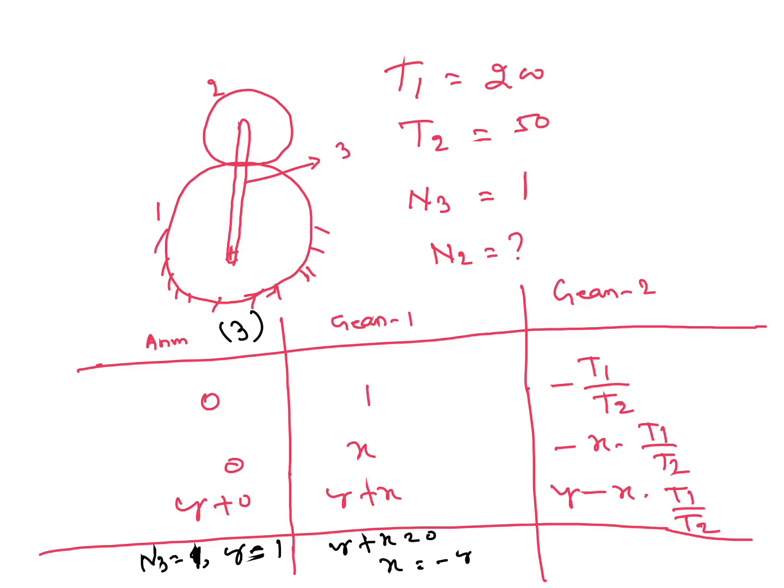So here y already we got 1, minus x is minus 1, minus of minus 1, plus 1. Then T1 by T2, T1 is 200 by 50, so 4 plus 1, 5 number of rotations or revolutions.